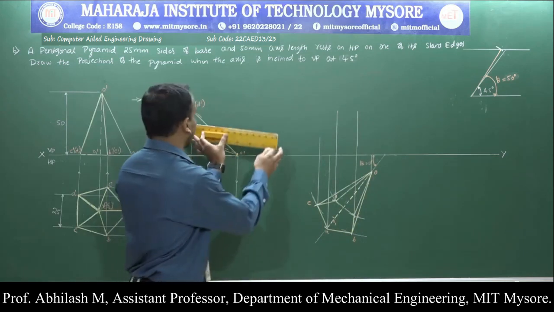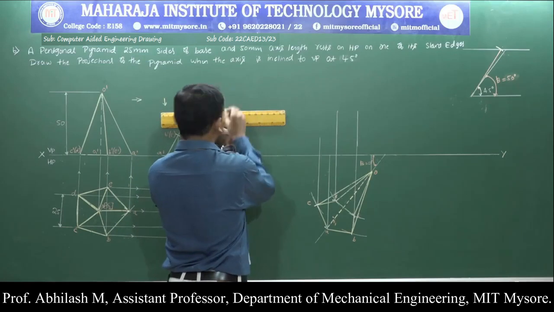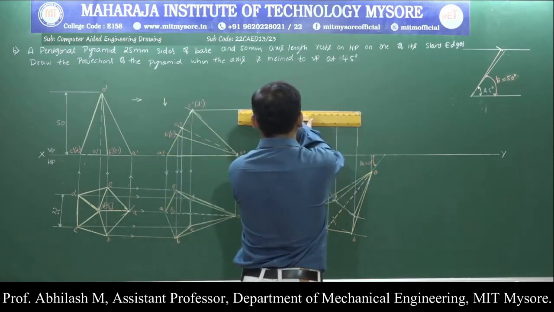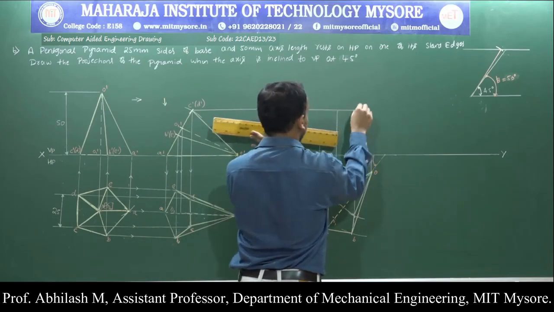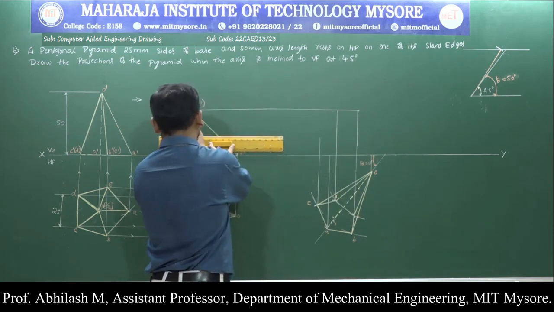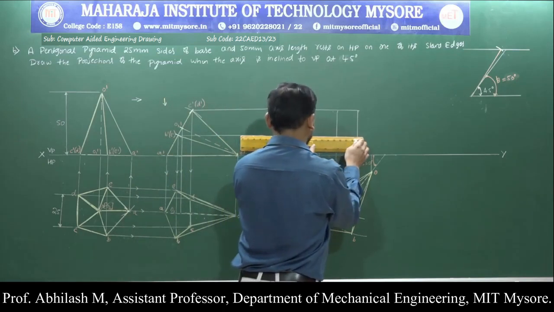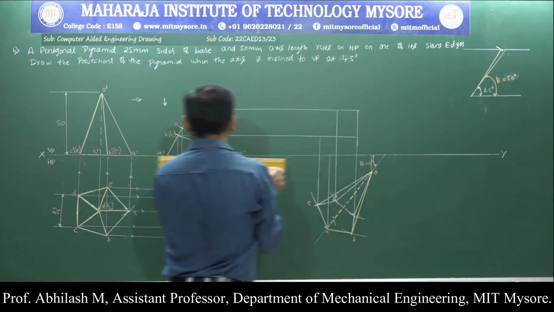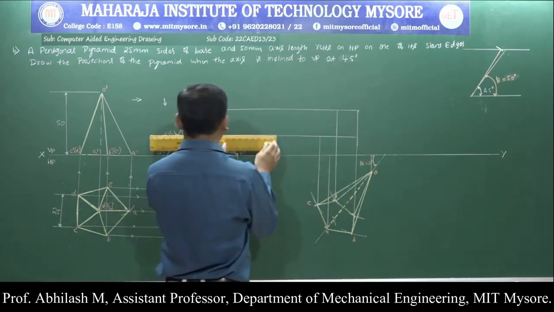Now let us draw the projection lines from C dash, D dash. Similarly from B dash, E dash. Similarly from A dash, it's on the XY line, so you need not worry.